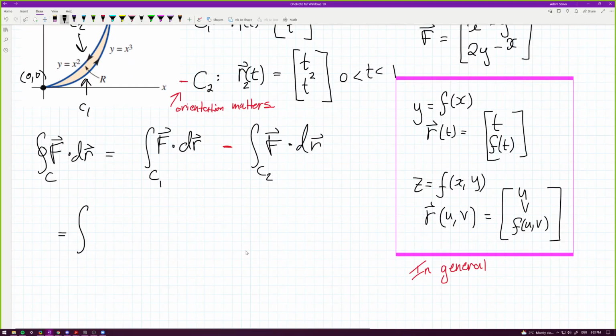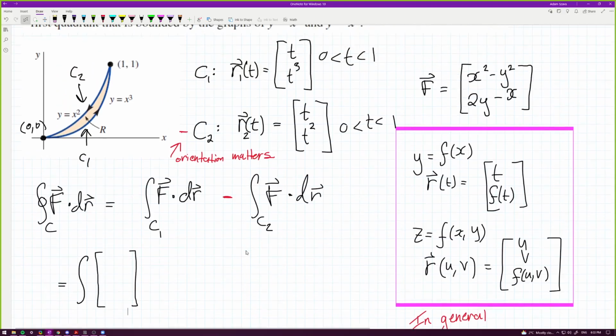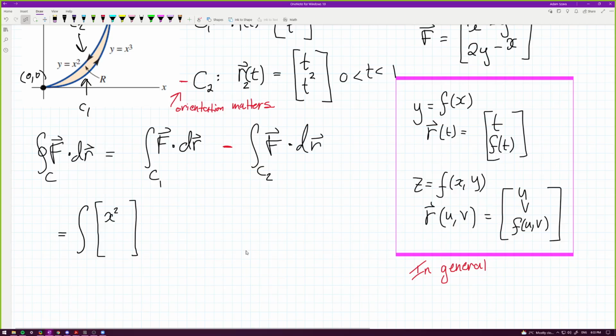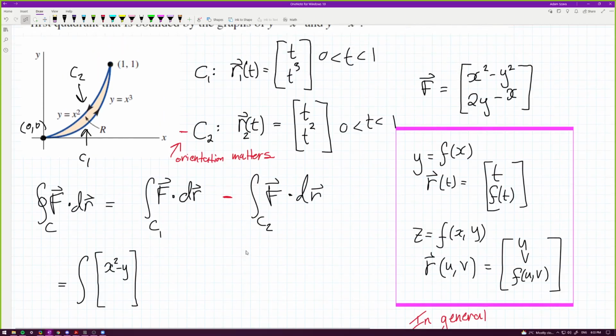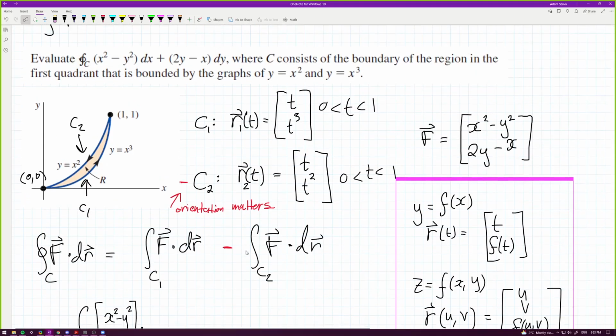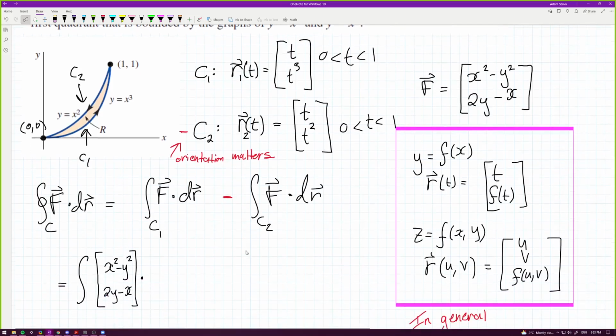So I'll start with the way I like to do it, which is F dot dr. So F is just F, which is given to us: x squared minus y squared, 2y minus x. And then dr is just, well, you take the derivative.